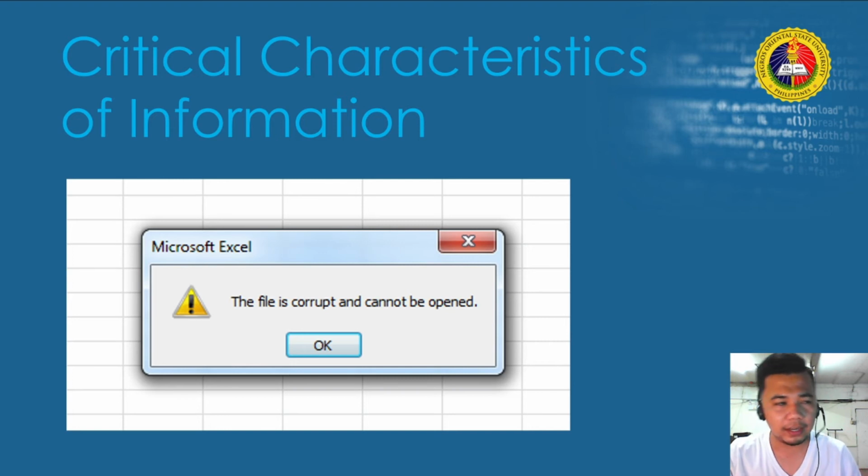So pulling out the USB flash disk during transfer can cause corruption of files. Another thing is whenever your computer or your flash memory is attacked with worms or viruses. That can be a problem that can cause any file to be corrupted.